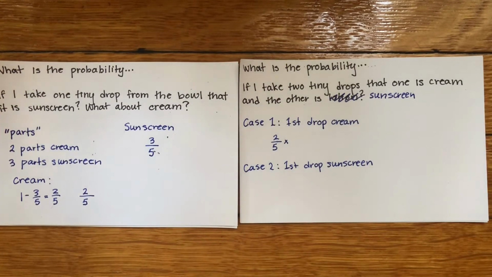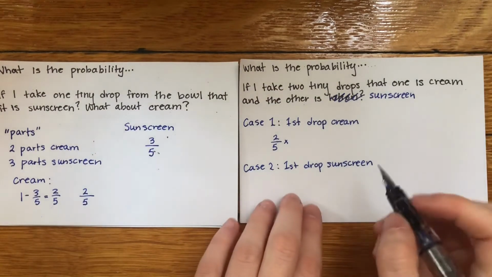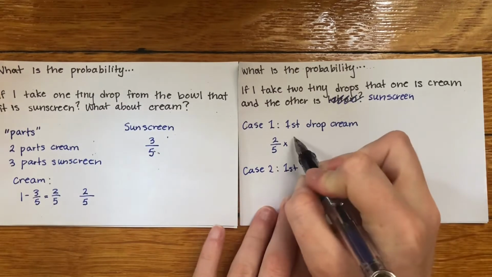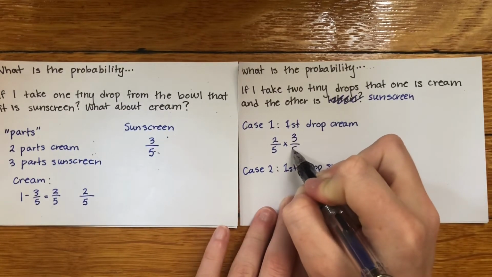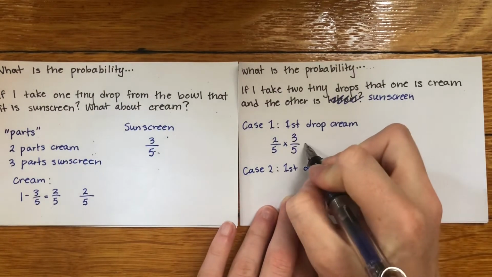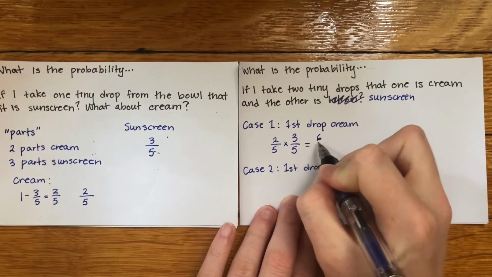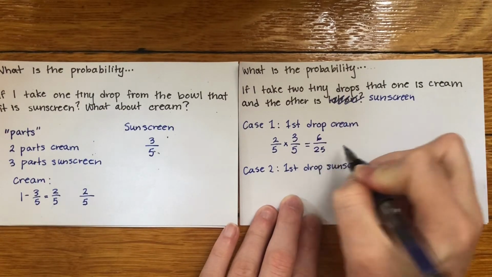So our best guess is that this is going to affect the probability not at all. And so we're going to guess that then the probability to get sunscreen next time is 3/5. In this case, the answer would be 6/25 as our answer.